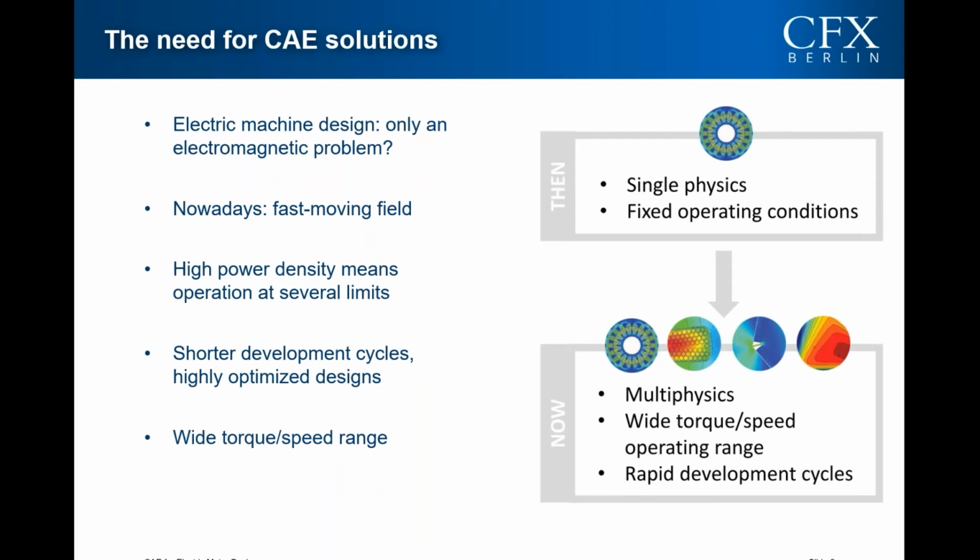Increasing competition requires shorter development cycles, with a strong focus on achieving highly optimized designs. Usually, the operation covers also a wide torque speed range, meaning that a high single operating point efficiency is not sufficient anymore.